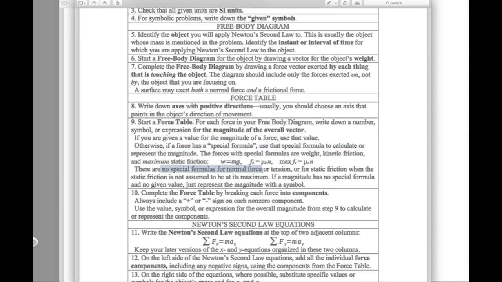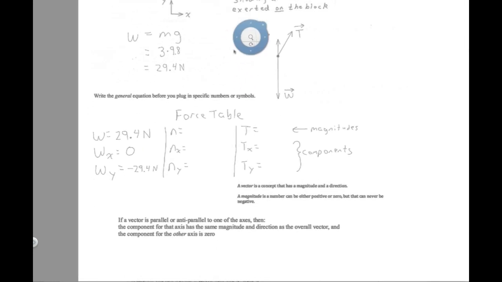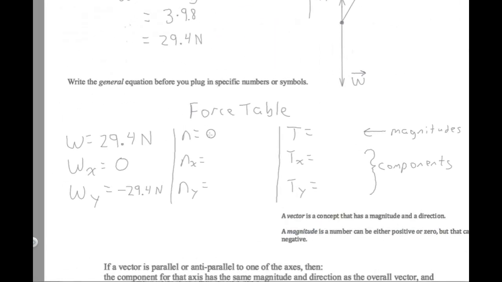In that case, we just represent the magnitude with a symbol. And we've already written that symbol down. The symbol for the magnitude of the normal force is just lowercase n. So that's all there is to it. We're just going to represent the magnitude of this normal force with a lowercase n.